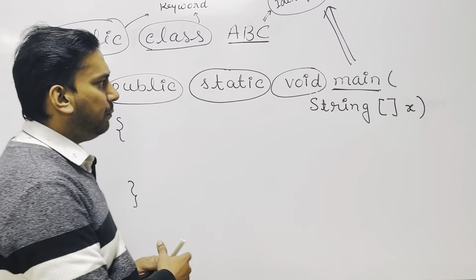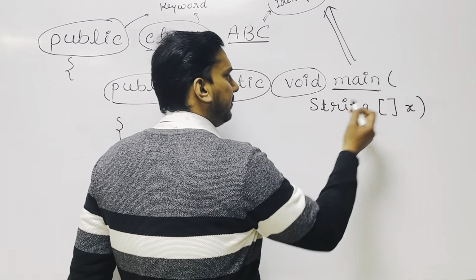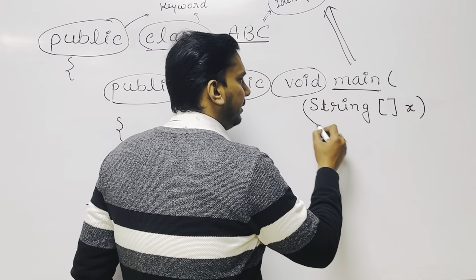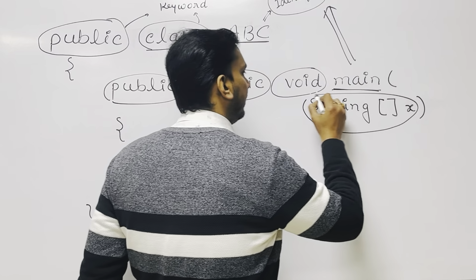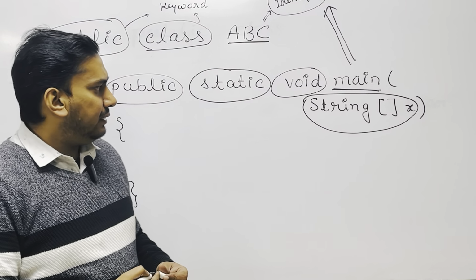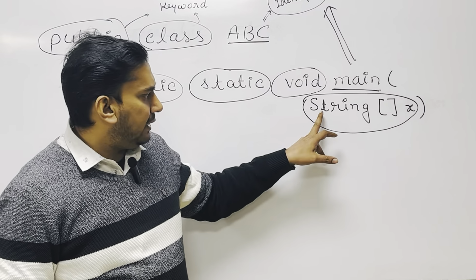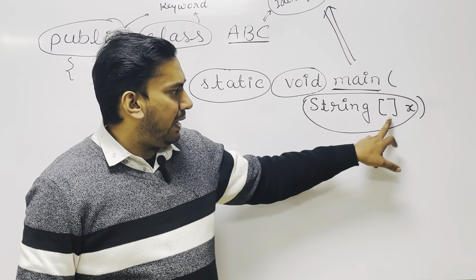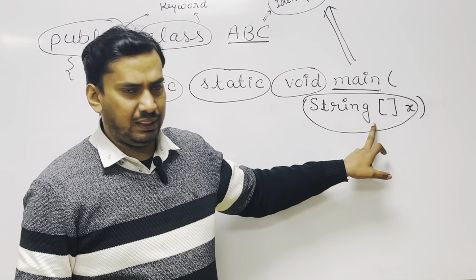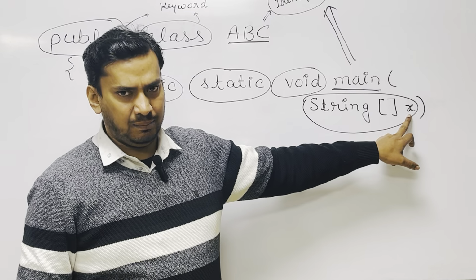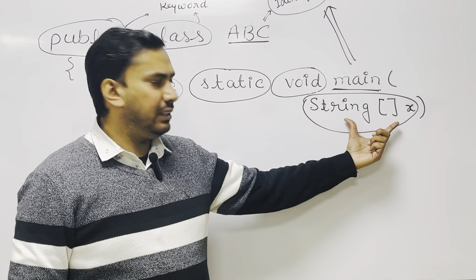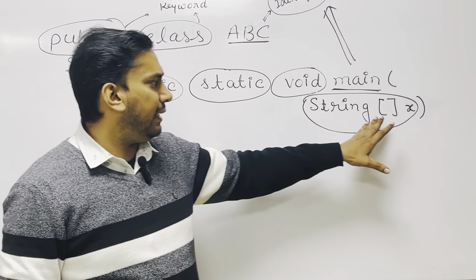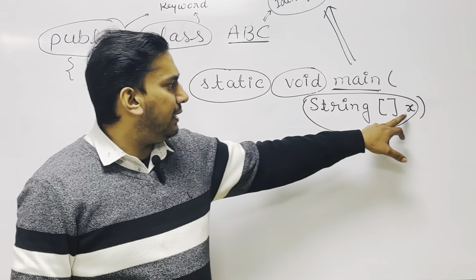Then the most important thing here, in the main function we are passing the string array. In traditional literature and articles you might have seen it is String array args or String array arg. Again, this is a string array, meaning the array of string type and its identifier.